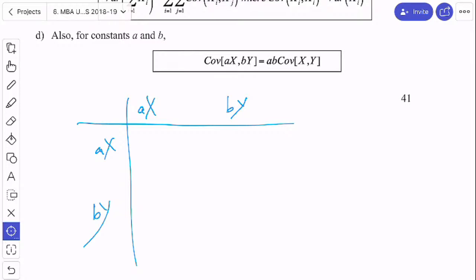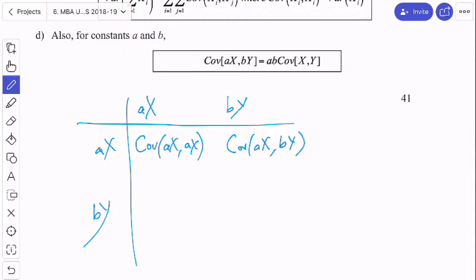All right, so I want to consider the covariability of this variable with the other variable, and itself. So I have to consider all degrees of correlation or covariance. So I want the covariance of AX and AX, the covariance of AX with BY, I'm going to continue.